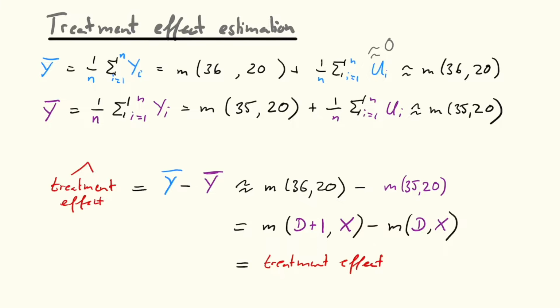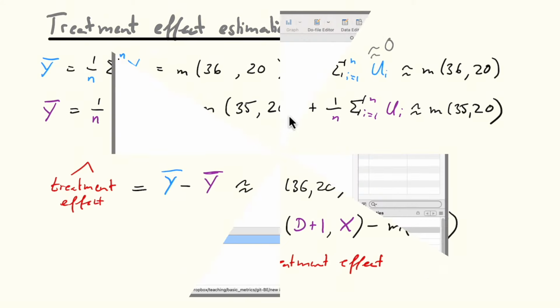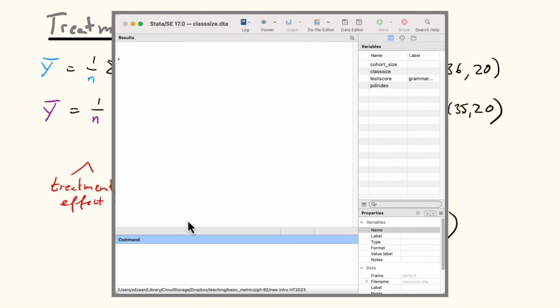Finally, we have figured out a viable identification strategy. Our estimate is close to the thing that we're trying to estimate. Let's take this identification strategy to the data. First, we need all the purple classrooms, that is, the control classrooms. They have a class size of 35 and a PD index of 20.